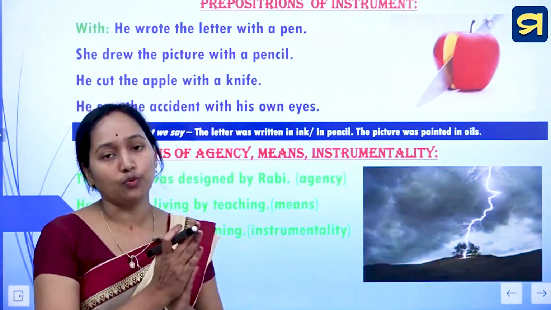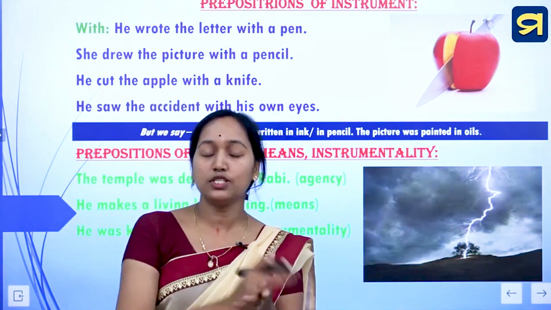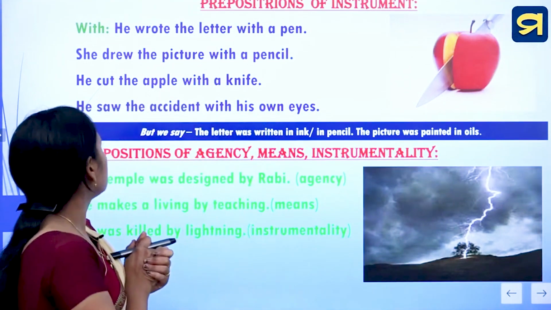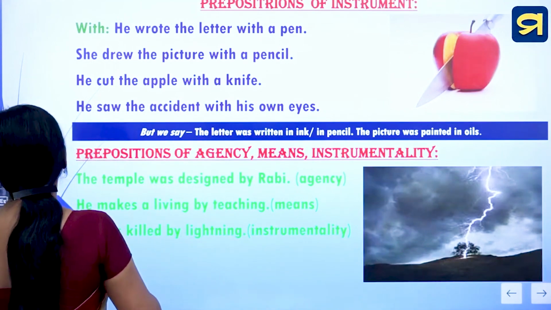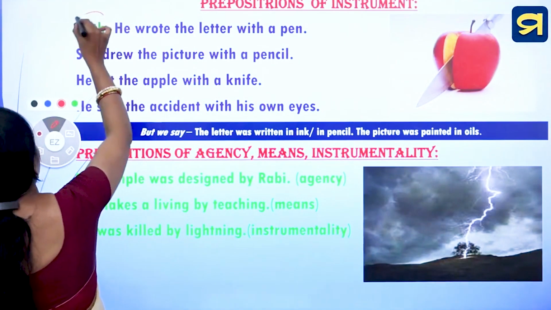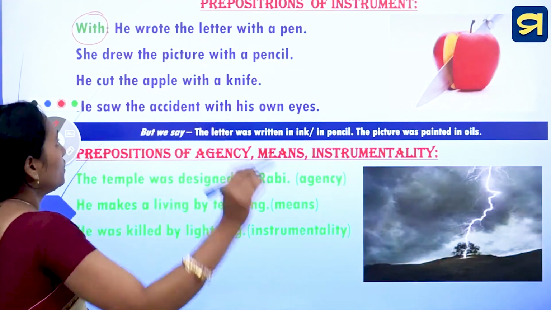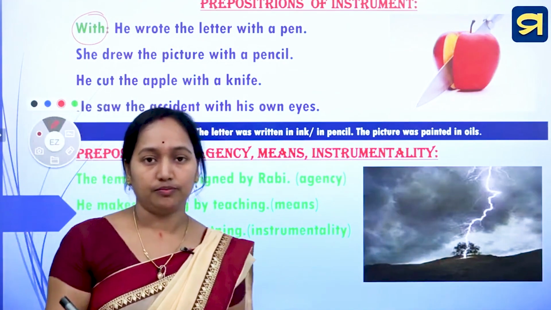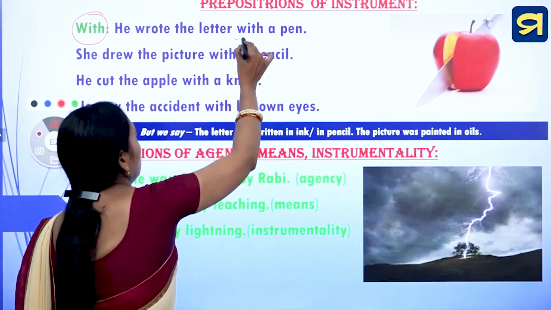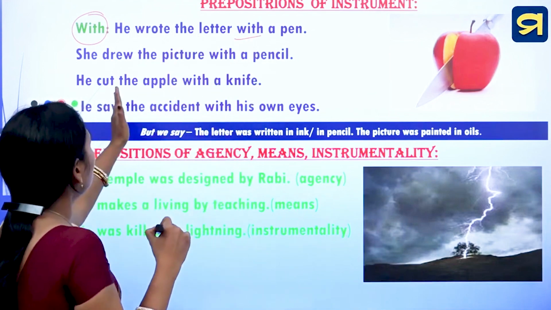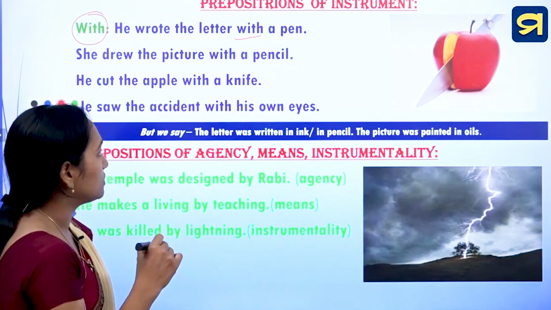prepositions of instrument. Students, prepositions of instrument. For this purpose, we will use the preposition with. He wrote the letter with a pen. Next, she drew the picture with a pencil.